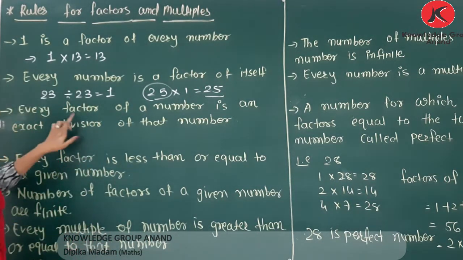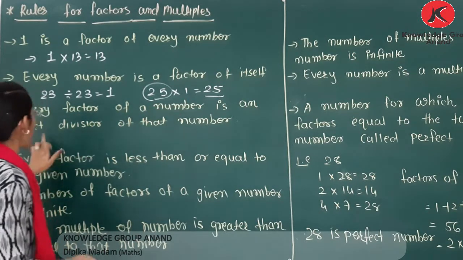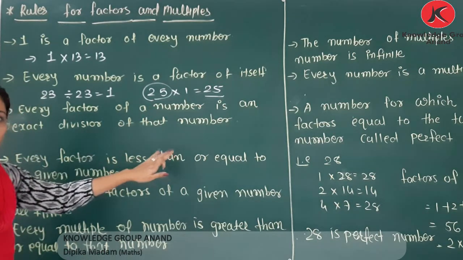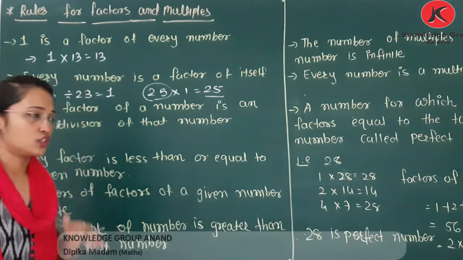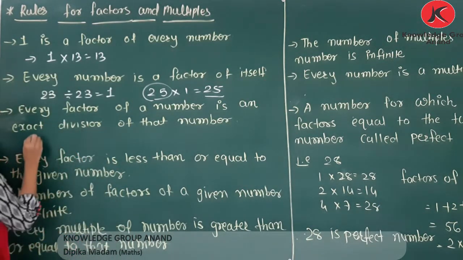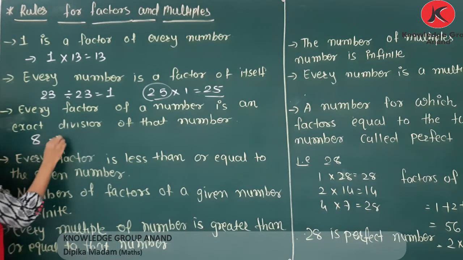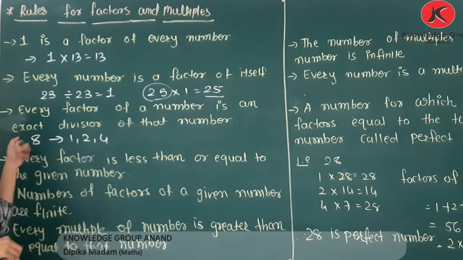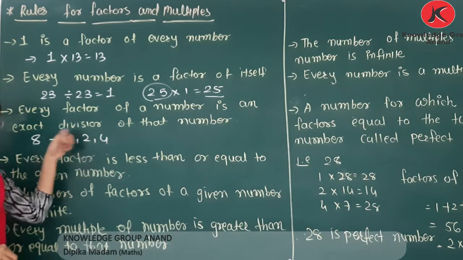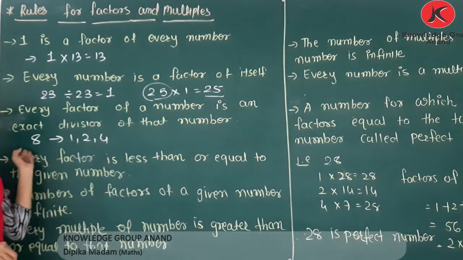Next, every factor of a number is an exact divisor of that number. Whatever the factor is, it divides the number exactly. For example, factors of 8 are 1, 2, 4. Means 1 divides 8 exactly, 2 divides 8 exactly and 4 divides 8 exactly.